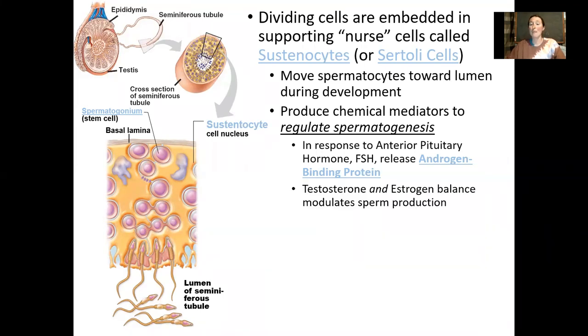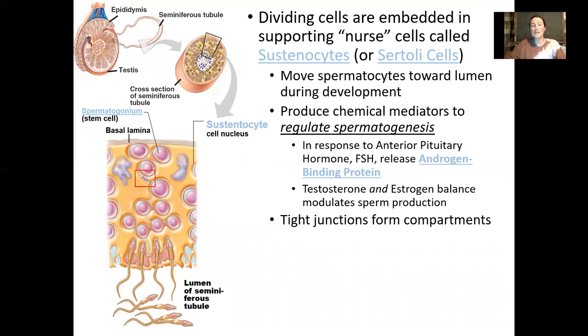ABP essentially binds to androgens, right? Androgen is another generic term for testosterone and other male hormones. And so the androgen binding protein is essentially going to hold testosterone in the testis as opposed to allowing it to circulate throughout the body. And that is directly going to trigger the creation of more sperm.